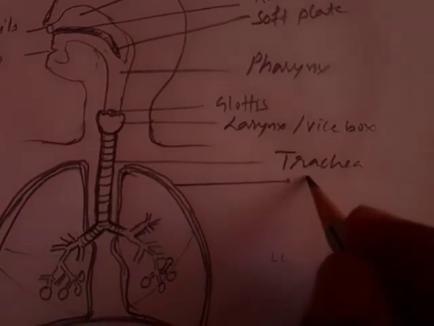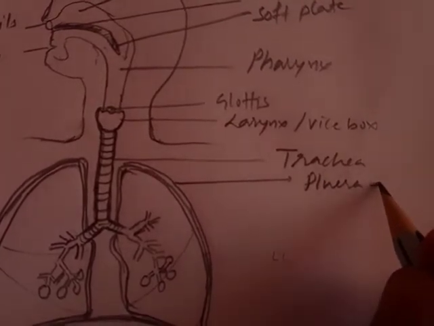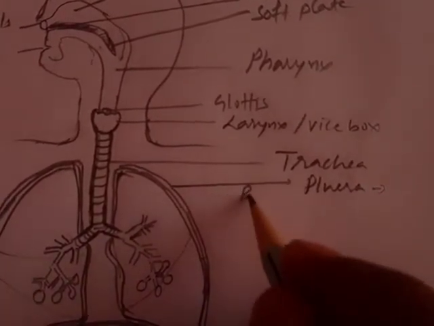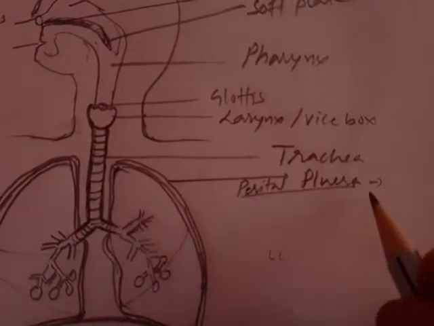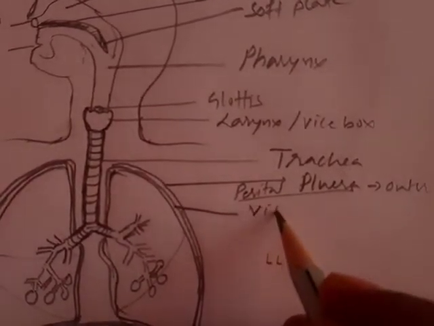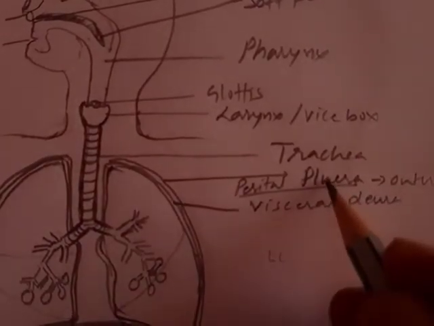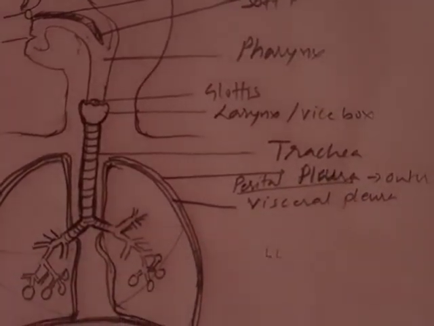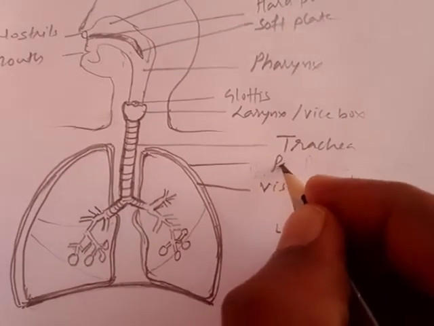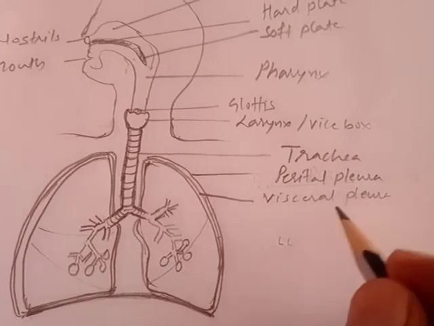This is the pleural layer. The outer one is called the parietal pleura, and the inner layer is called the visceral pleura, right? Outer is the parietal pleura, and inner is the visceral pleura.